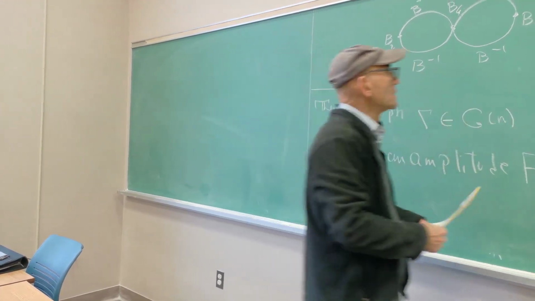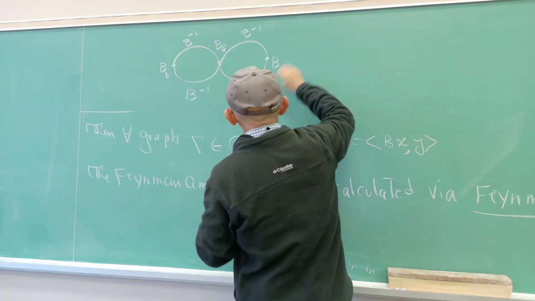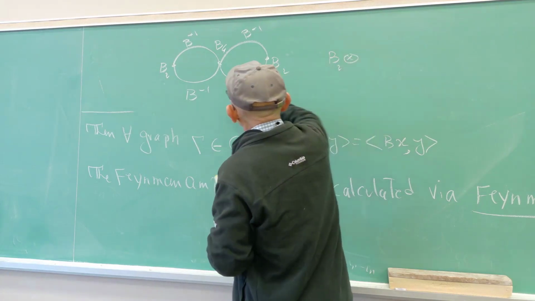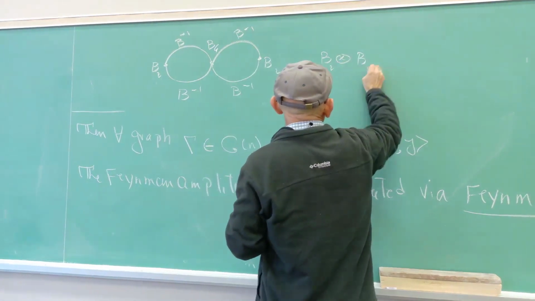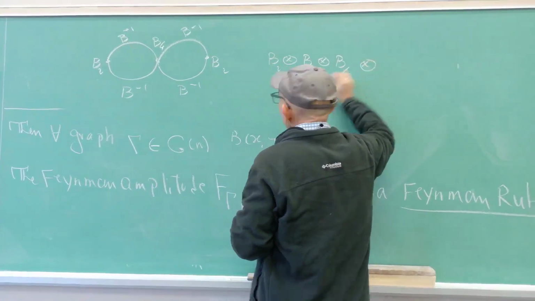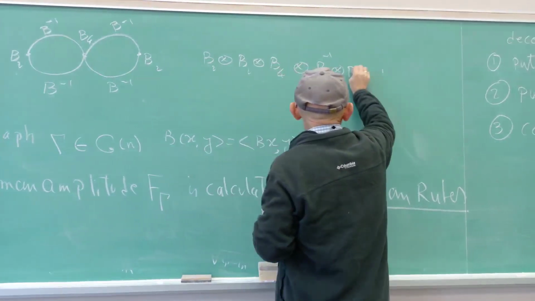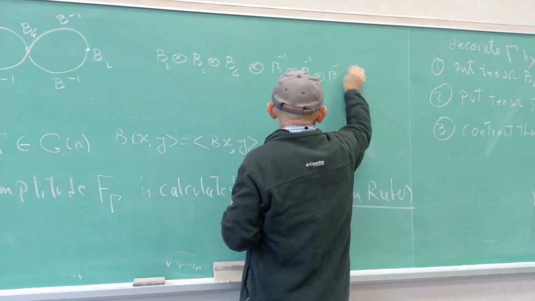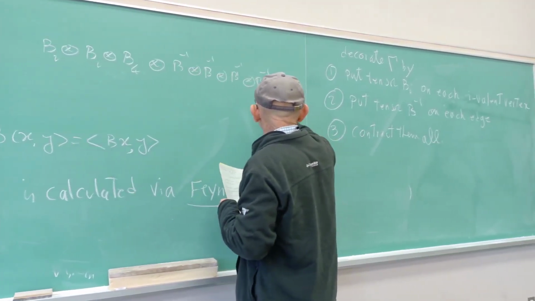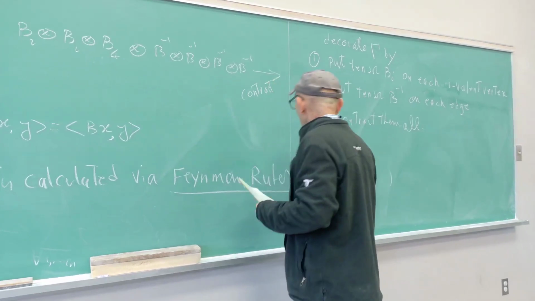And then we contract this. I mean, we just take all these tensors. We've got tensor B2, tensor B4 in the middle, and then tensor B inverse, B inverse, B inverse. And this you contract according to what I defined, and then you get a number.